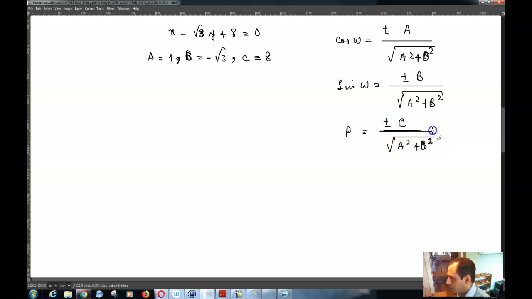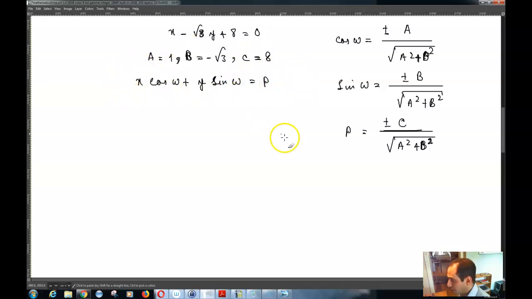So what that means is that you can use these formulas to calculate cos omega, sine omega, and p, and put them in this equation: x times cos omega plus y times sine omega is equal to p.